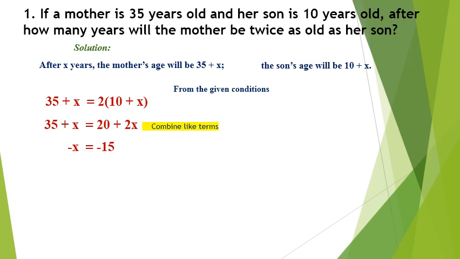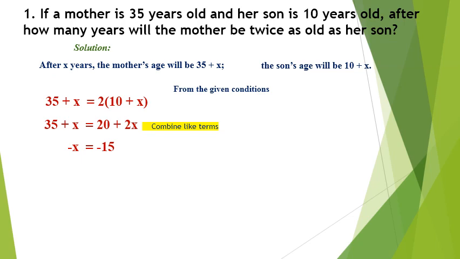So we have to transpose 35 into the right side of the equation, hence making it 20 minus 35 since the sign will change if it is being transposed. And the answer is negative 15.